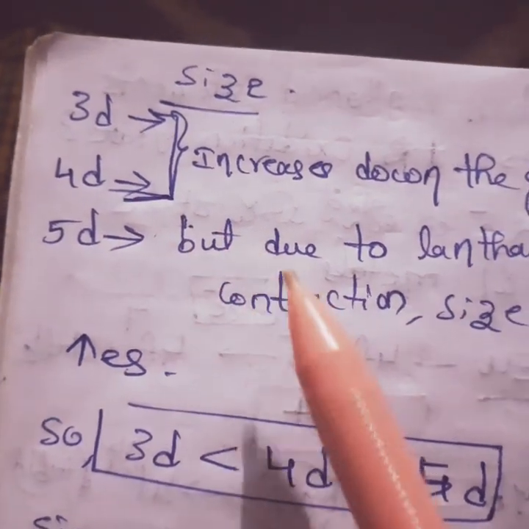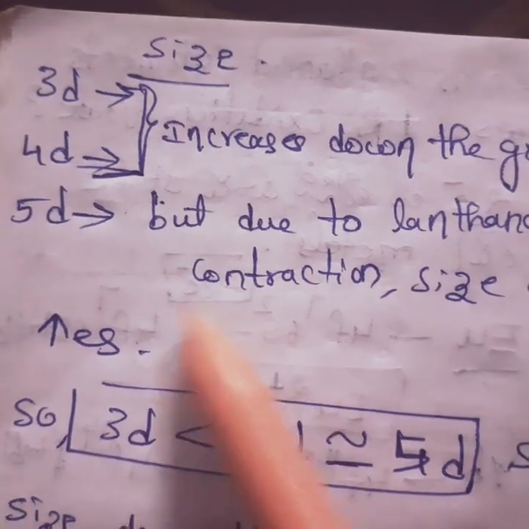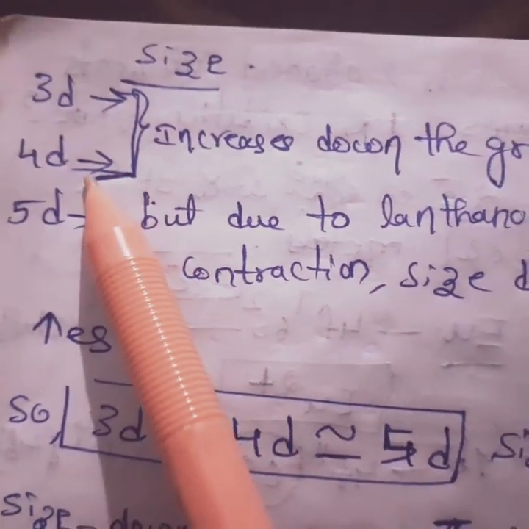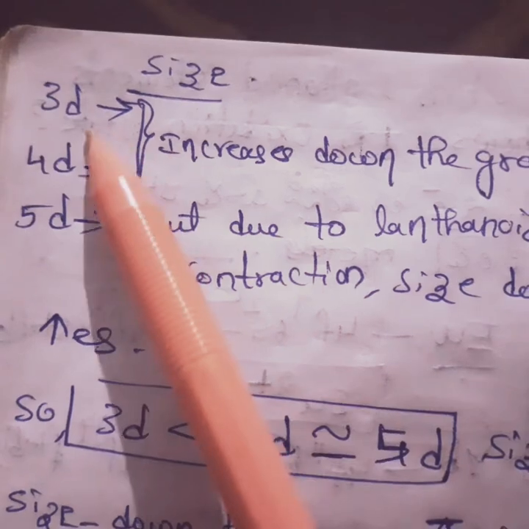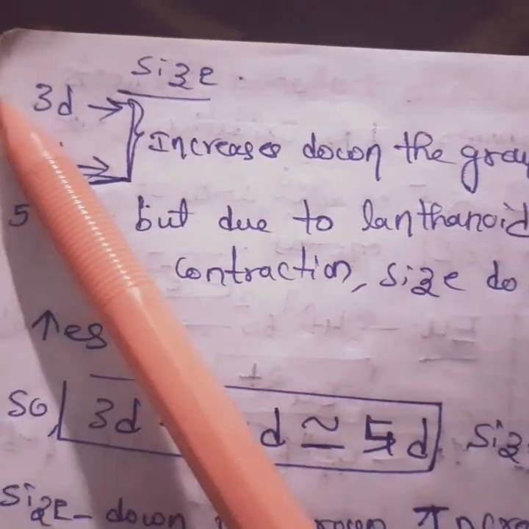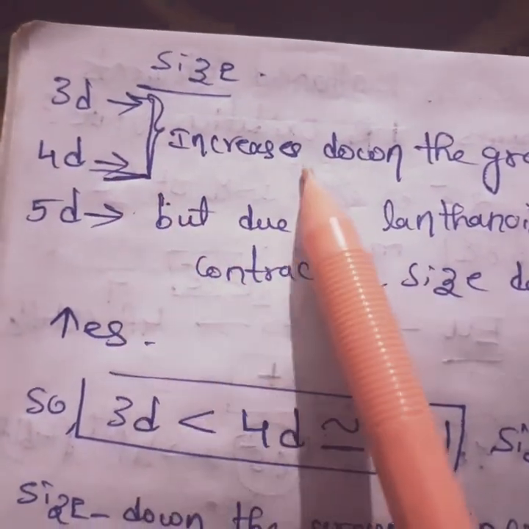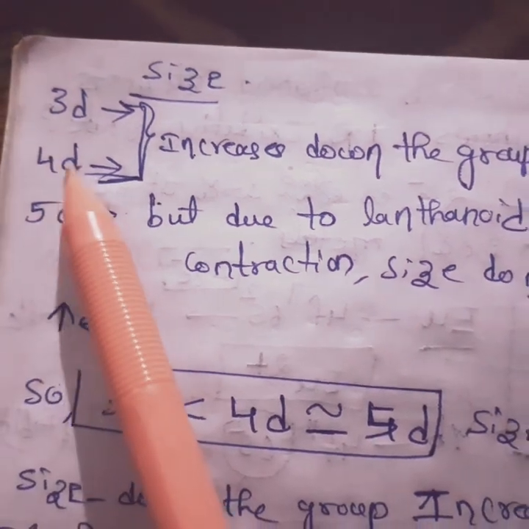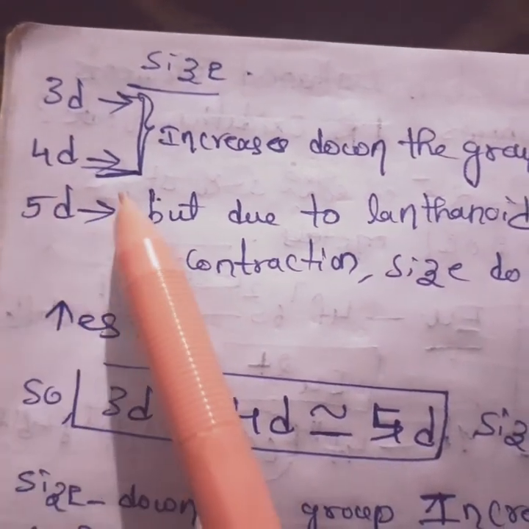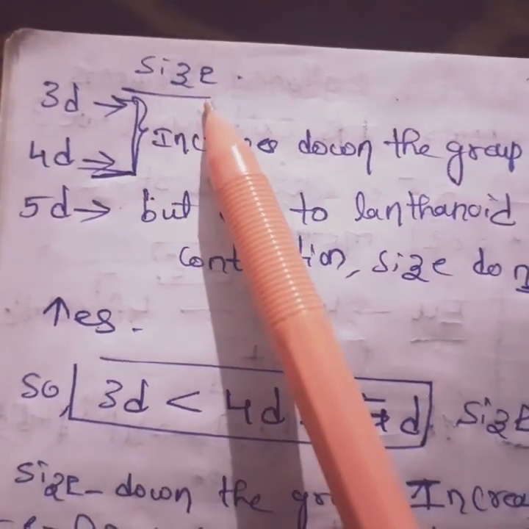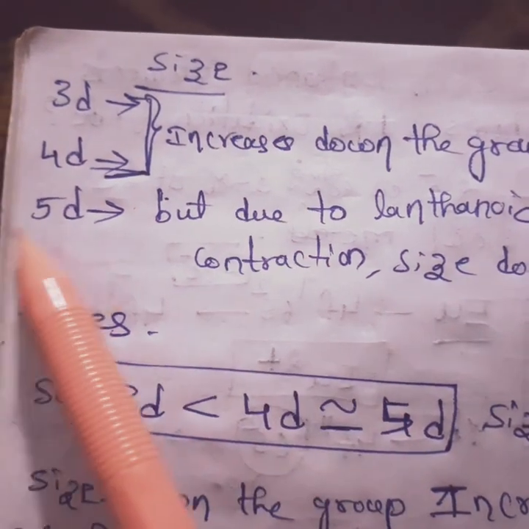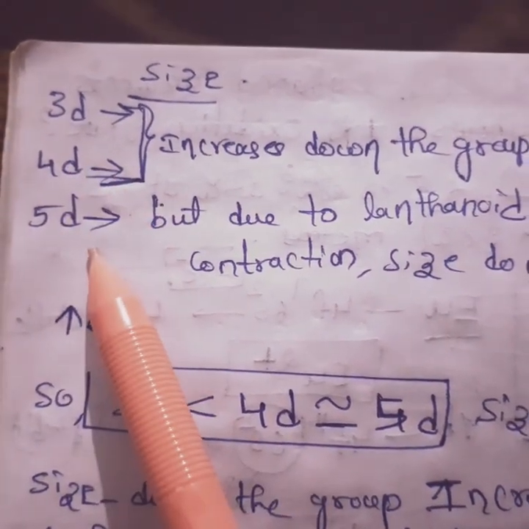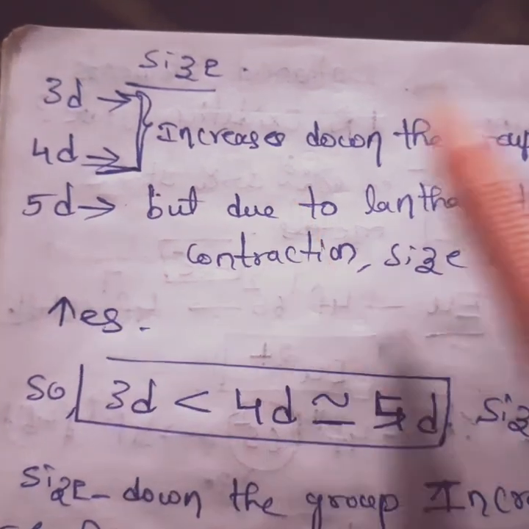From 3D to 4D it is common because here the size is increasing. From 3D to 4D size increases. But usually according to our rule, size should increase down the group, but here from 4D to 5D the size is not increasing.